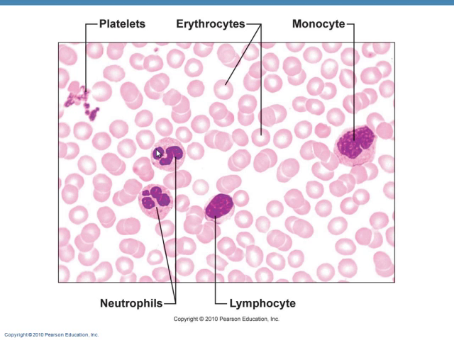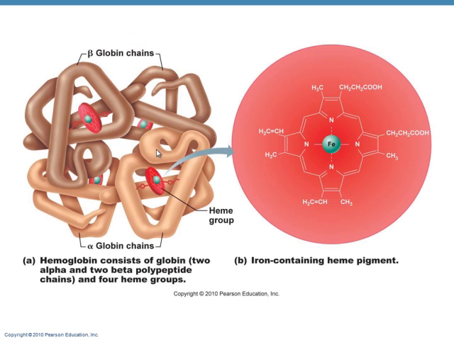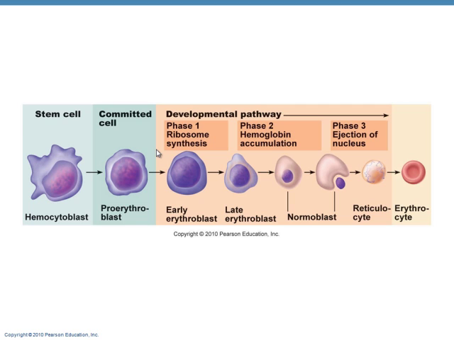So if I look at these cells and they have big, huge white spaces in them, that's going to be an indicator that there's not enough hemoglobin in them. If I look at them and they're really, really dense and they don't have any white spaces at all, too much. So that I can tell, but I can't tell what gases they're carrying at any given time.